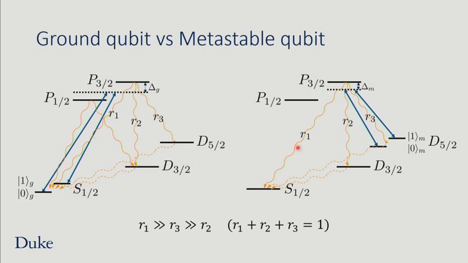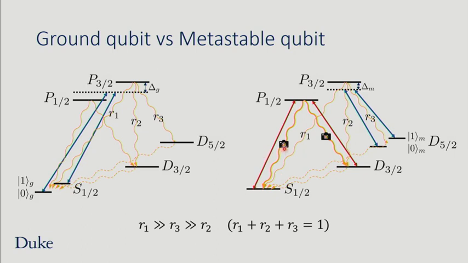However, if we encode the qubit in the metastable D5 half manifold, then the gates work basically the same way, but then the largest proportion of the decay goes outside the manifold where the qubit is encoded. So now what you can do is you can use additional operations, which is resonant beams to the P-half state that do this optical pumping.